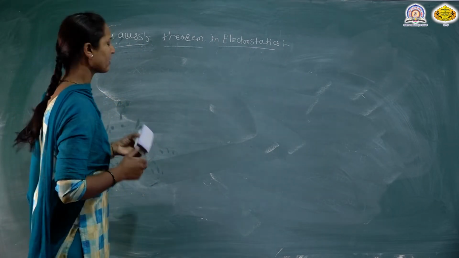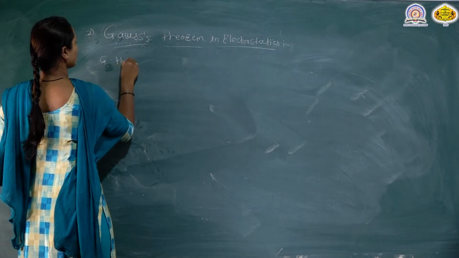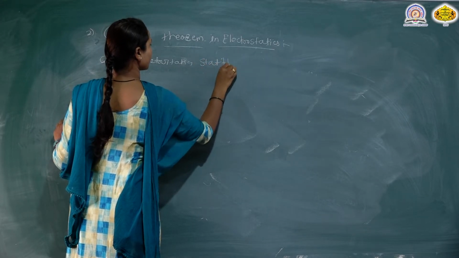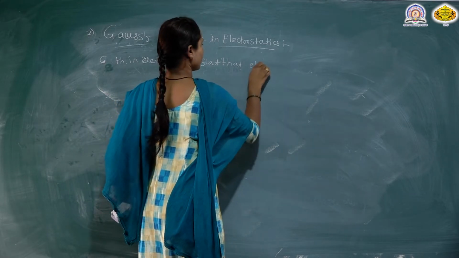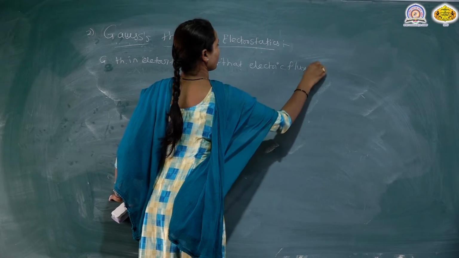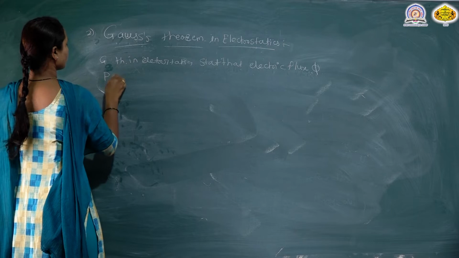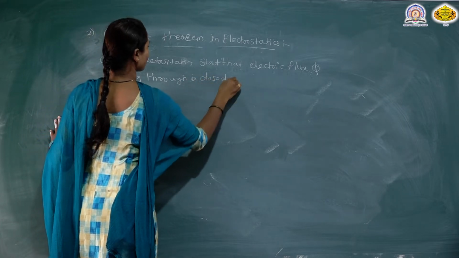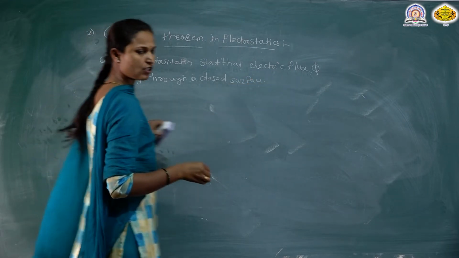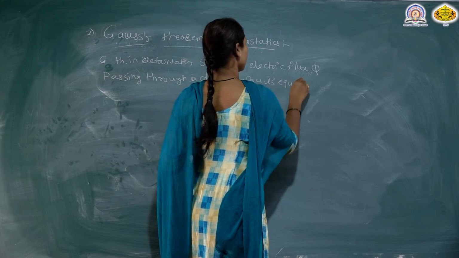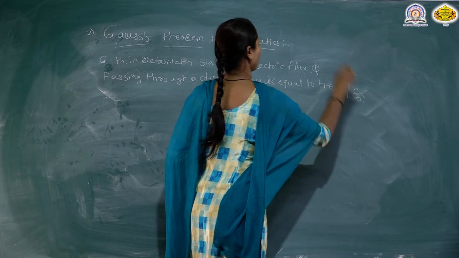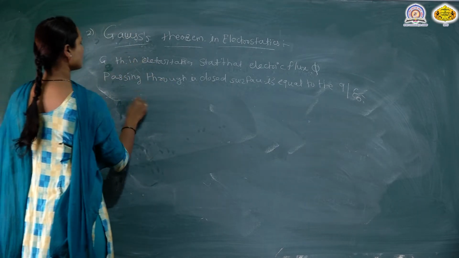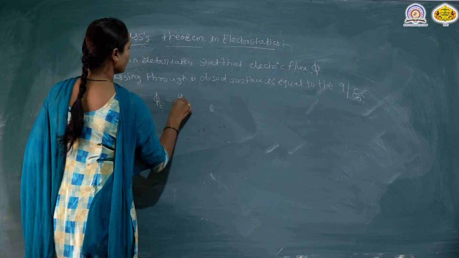Gauss's theorem in electrostatics states that the electric flux phi passing through a closed surface is equal to Q upon epsilon naught.